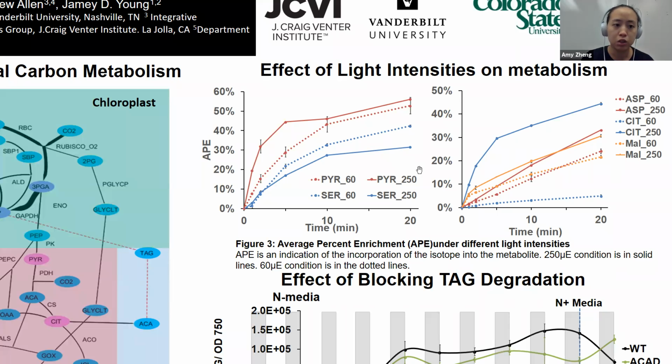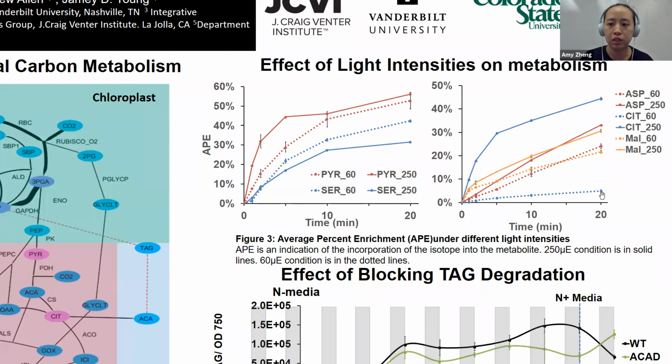And this could be because different metabolic pathways might be more active, or this could also be because in the lower light intensity, there may be less unlabeled serine compared to the 250, which is contributing to the lower labeling.